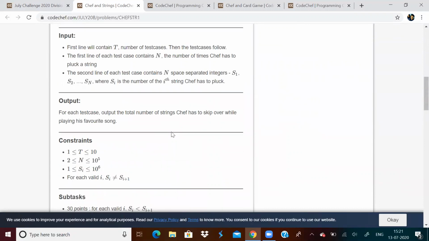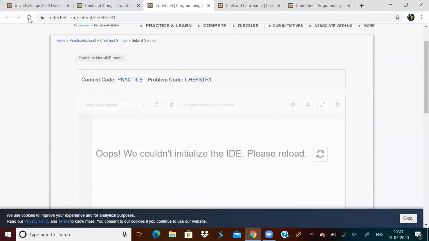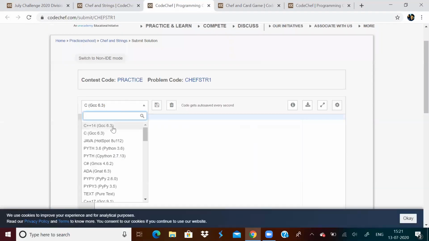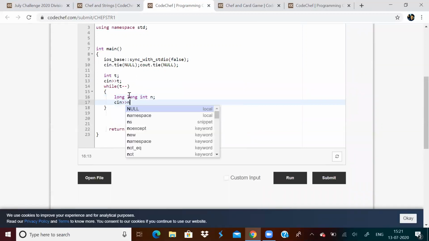So I think it's just: input the array first and take the sum of absolute values of adjacent differences minus 1, maybe something like that. So I'll just see it.